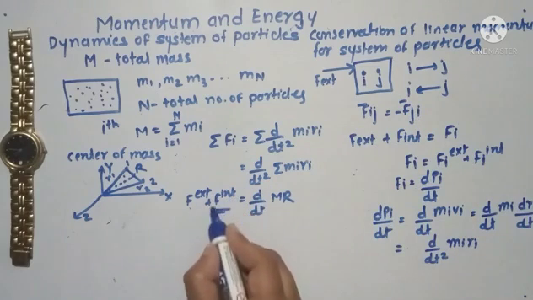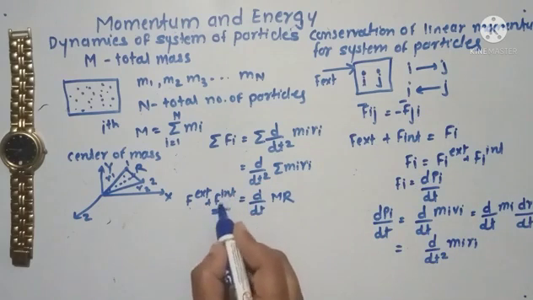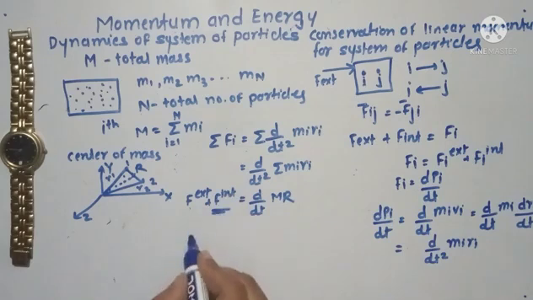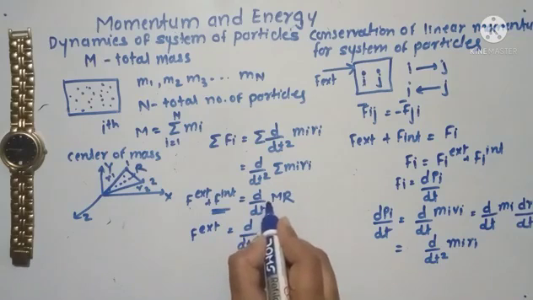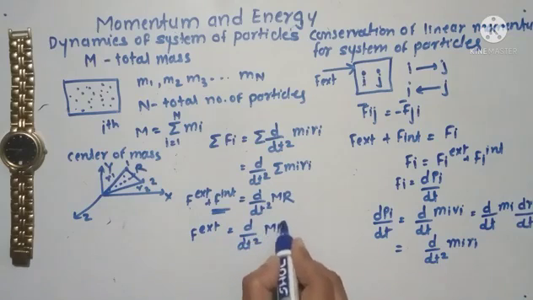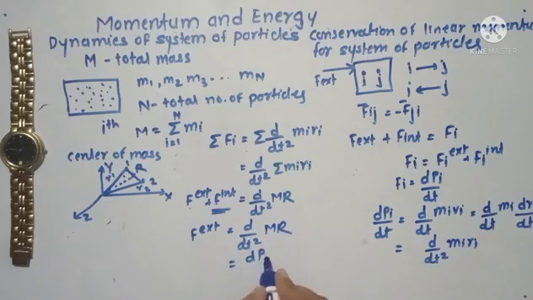So the total internal interaction force will become 0, and we can write F external is equal to d squared by dt squared of mr, and this is nothing but dp upon dt, not dpi. So this F external is dp upon dt.